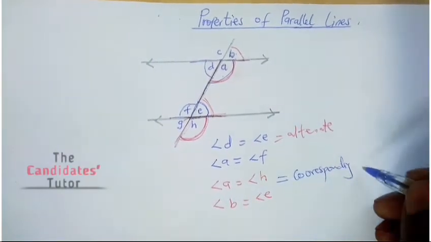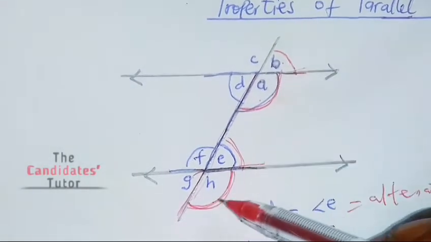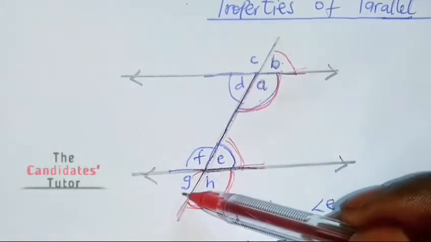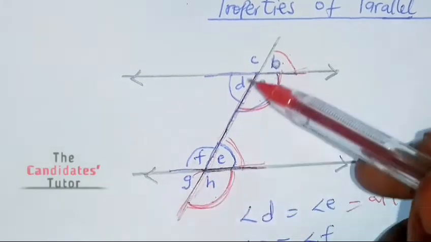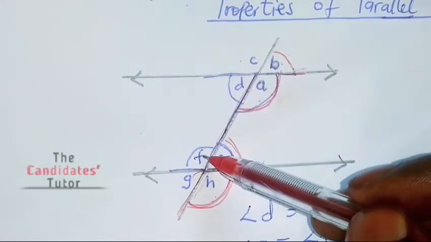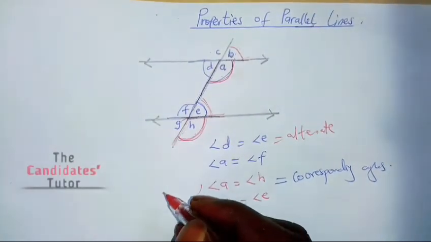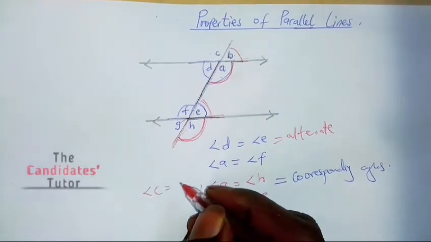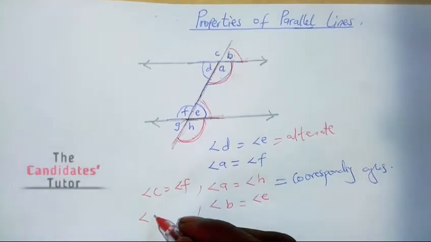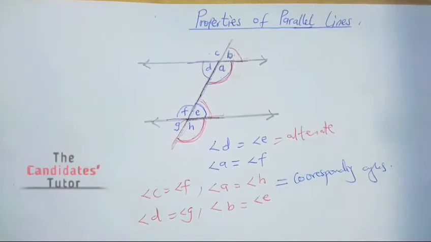Just as we have A being equal to H and B being equal to E, in the same way D is also equal to G, and we have C being equal to F. So we can also write that angle C is also equal to angle F, and we also have angle D equal to angle G. Alright, so that's some of the properties that you should also know.